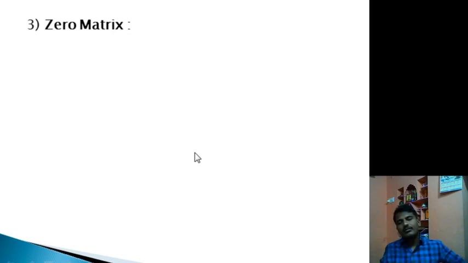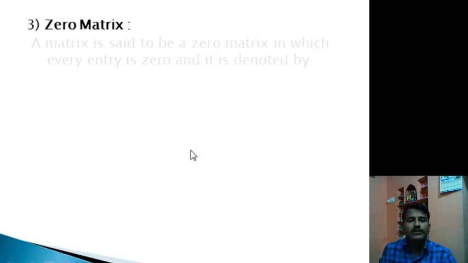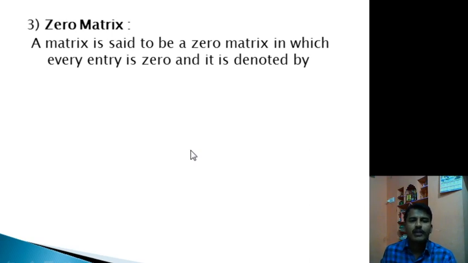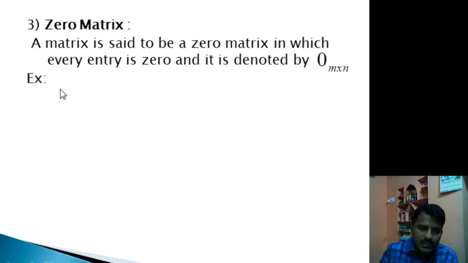Okay, next one, zero matrix. A matrix is said to be a zero matrix in which every entry is zero, and it is denoted by 0 of m cross n. For example, this is a zero matrix.